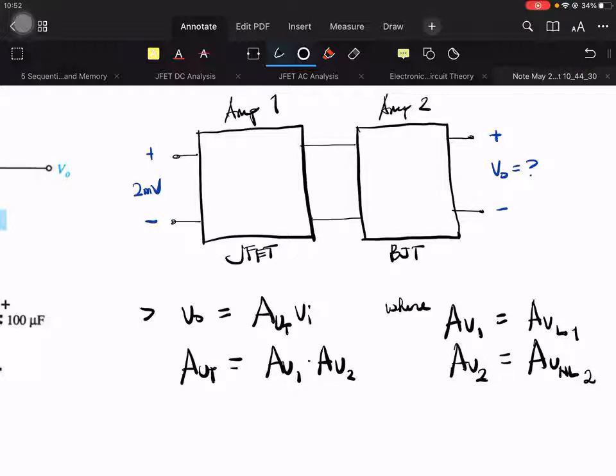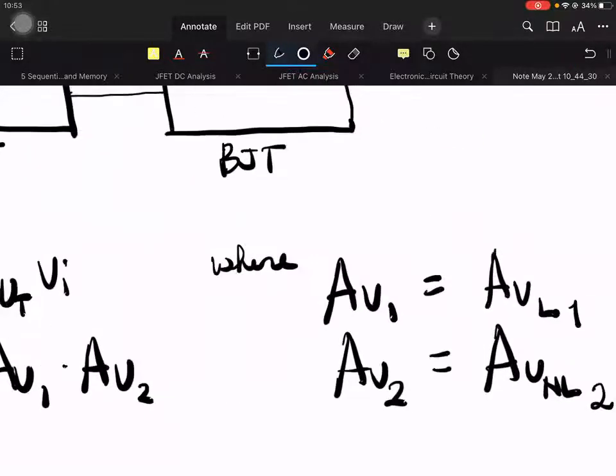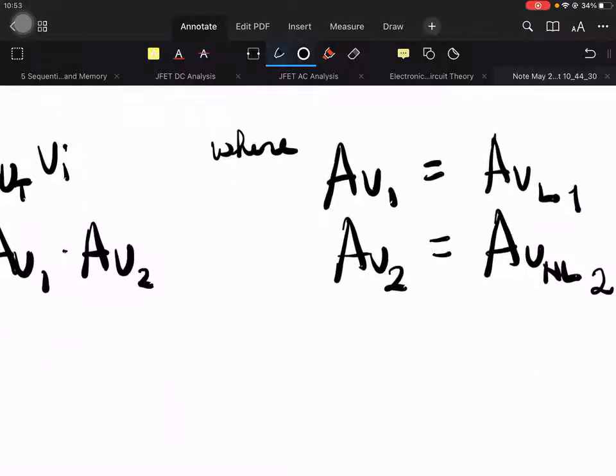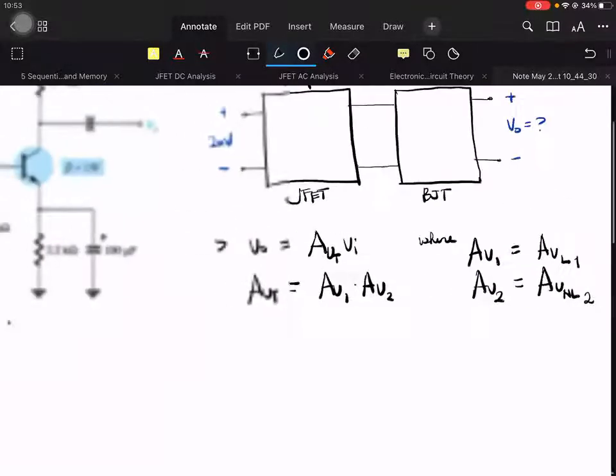In this case, amplifier 2 acted as the load to amplifier 1 through its ZI2. That's why the voltage gain for the first amplifier, AV1, is the loaded voltage gain. As for the gain of amplifier 2, unloaded siya. Okay, wala magigiven nga RS.